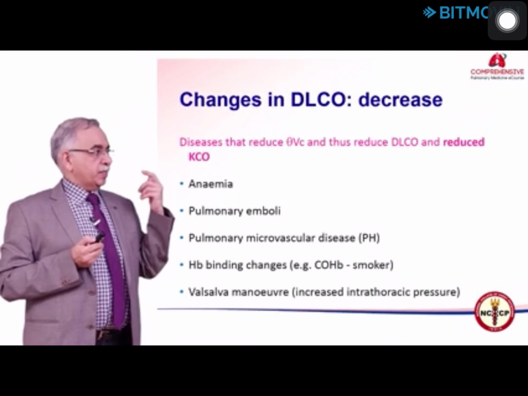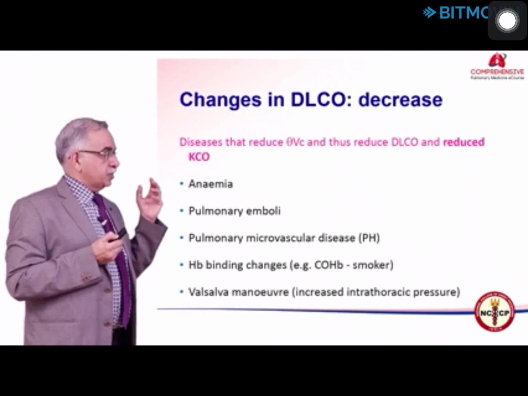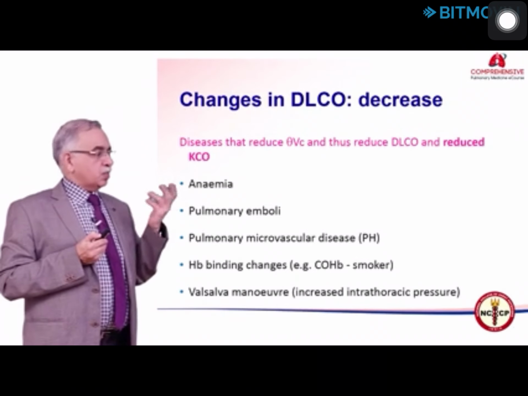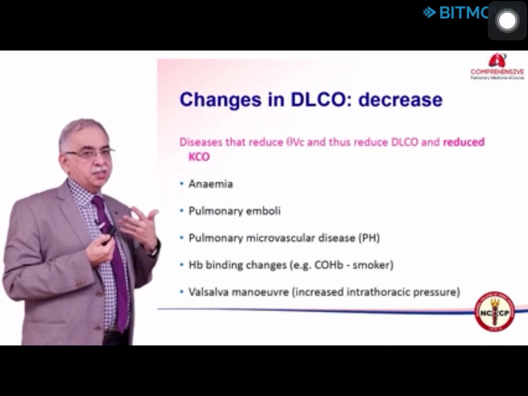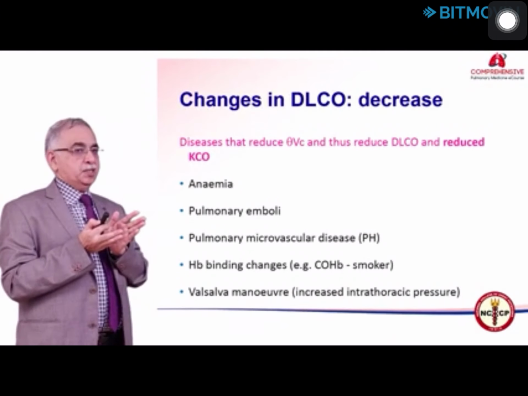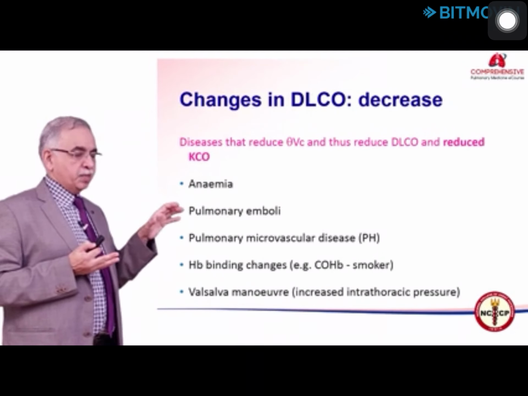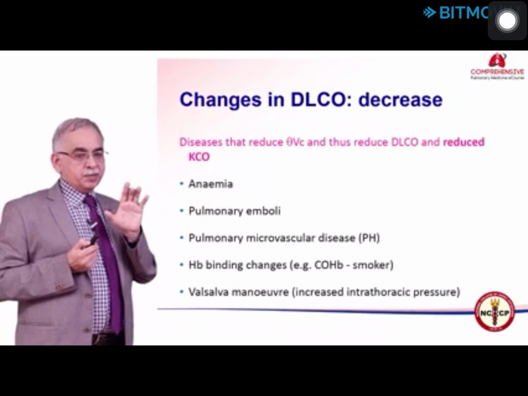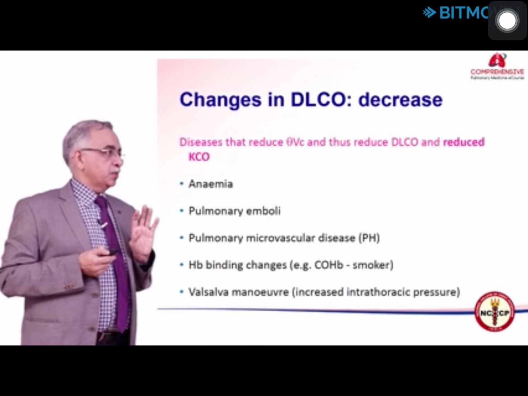So, conditions like anemia, pulmonary emboli, pulmonary vascular diseases which cause pulmonary hypertension, changes in hemoglobin properties like the presence of carboxyhemoglobin in smokers, or the patient not holding breath during the maneuver causing change in the capillary blood volumes, will reduce theta Vc, the theta Vc component of the diffusion capacity. Remember, diffusion capacity contains two components, the membrane component and the pulmonary capillary component. So, these are the conditions which affect the pulmonary capillary component, reduce theta Vc and therefore reduce DLCO and KCO.